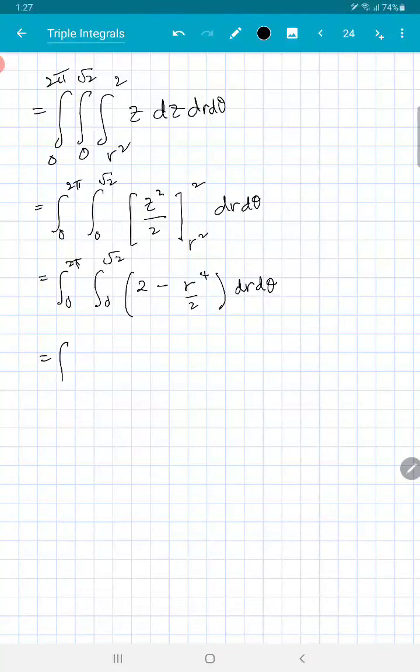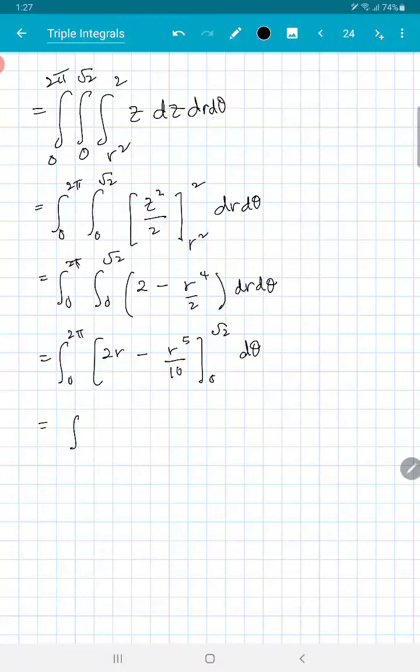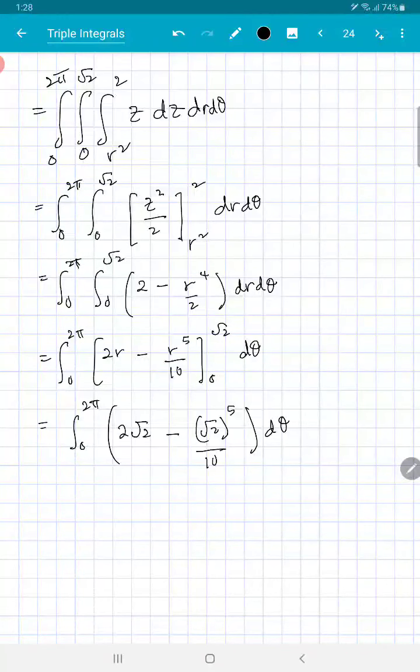Middle integration, with respect to r: the 2 becomes 2r, and r to the power 4 over 2 becomes r to the power 5 over 10. Replacing r with the upper and lower limits, upper limit minus the lower limit, we have 2 times square root of 2 minus square root of 2 to the power of 5 over 10, d theta.